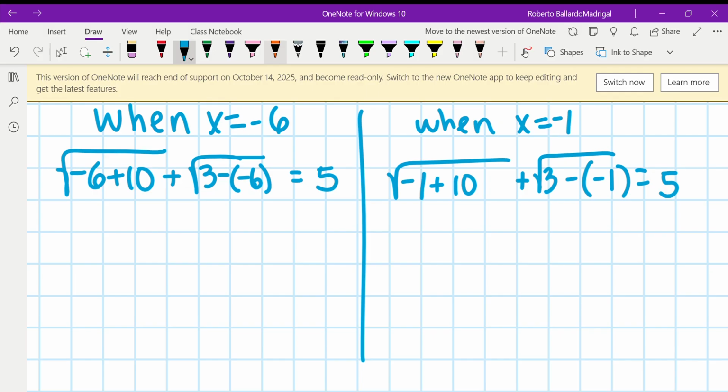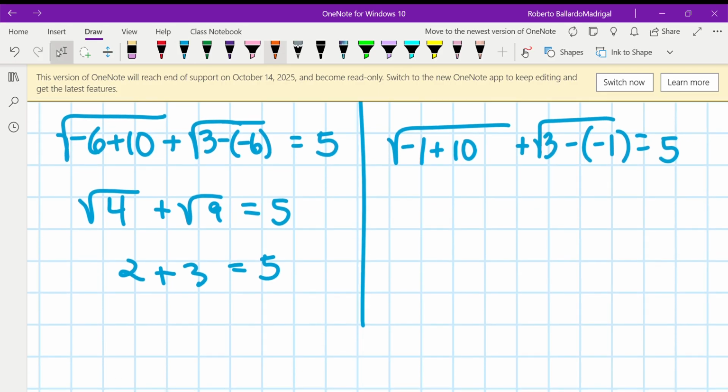Should be following along, gentlemen. Thank you. So this will give us the square root of 4 plus the square root of 9 equals 5. That's 2 plus 3 equals 5, which checks out. So at least the first solution of negative 6 checks out.